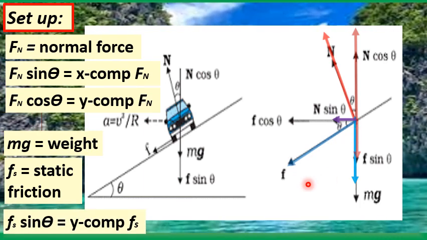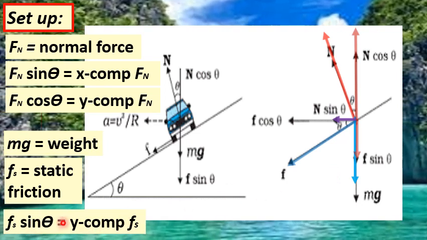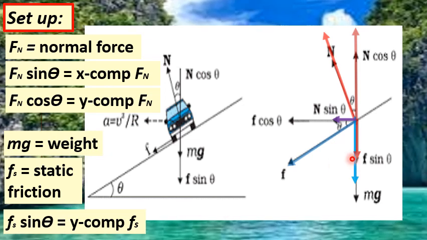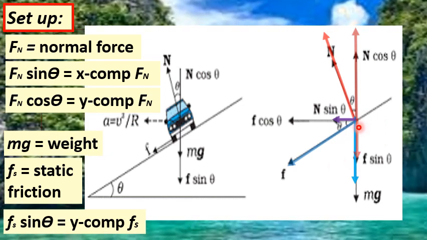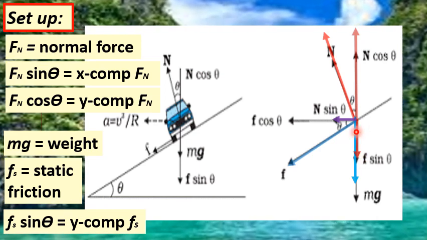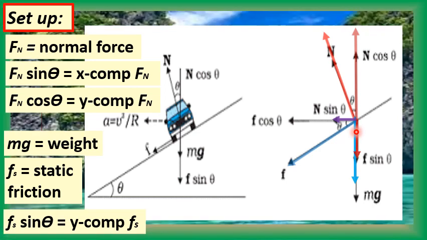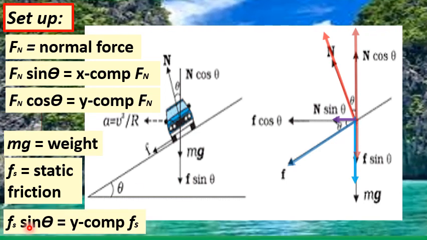For the y component, the y component of the static friction is directed downward, or along the negative y-axis, and it is expressed here as F sub s multiplied by sine of the angle theta.